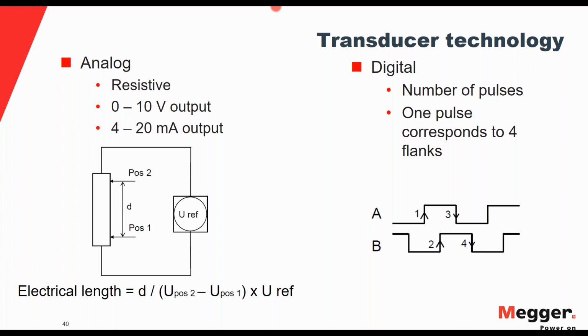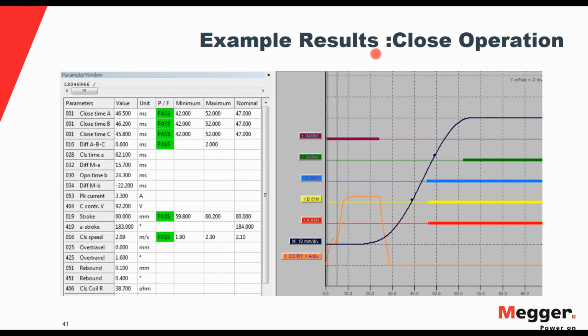So in the end, this is some example result for a close operation. For example, here I have my timing lines. It was open and then became closed, and this is my auxiliary contact 52A, 52B. It's ready to close. Once it became closed, it became ready to open, and on top of them is the measurement. This is starting from the open position going all the way up to the closed position. It's not only a graph that you can see, but also parameters.